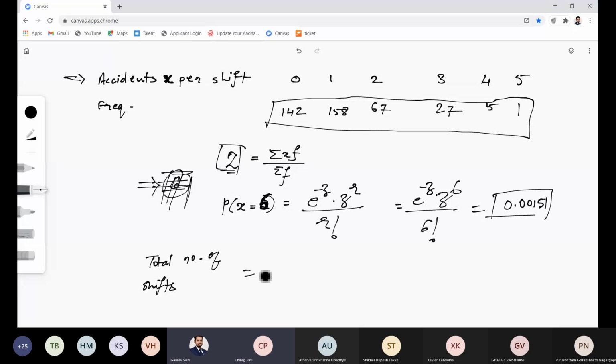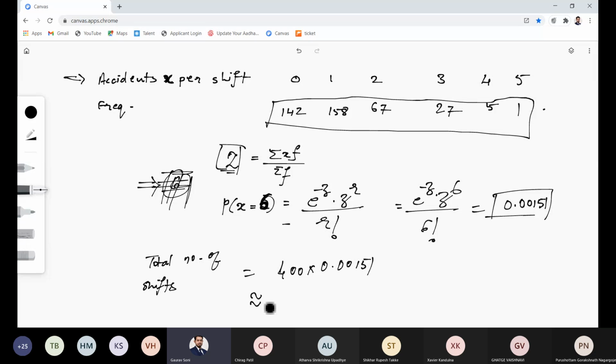You just have to add the frequencies. So if we add the frequencies, 142, 158, 267, 20, that is 400. So 400 into 0.00151, you will get the approximate number of shifts.